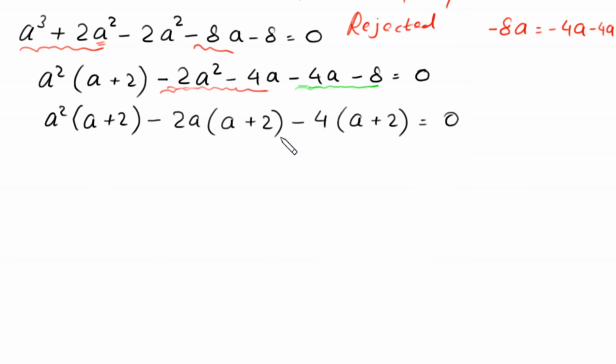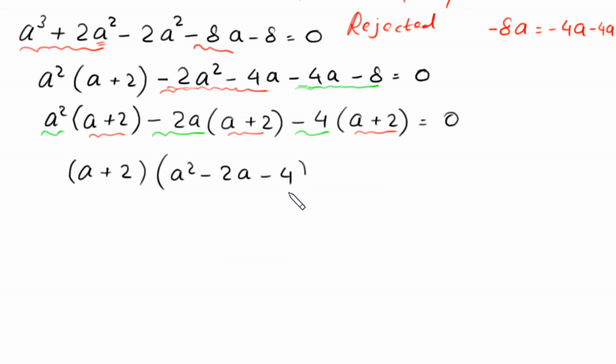And from here you can see that this a plus 2, this a plus 2 and this a plus 2 is a common factor. So we factor out this a plus 2, and in bracket left this a squared, this negative 2a and this negative 4. In bracket left a squared minus 2 times a minus 4 is equal to 0.